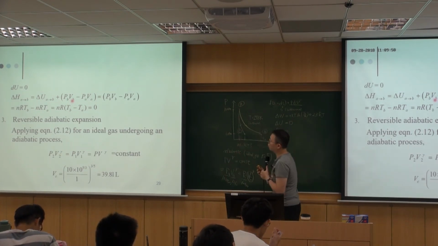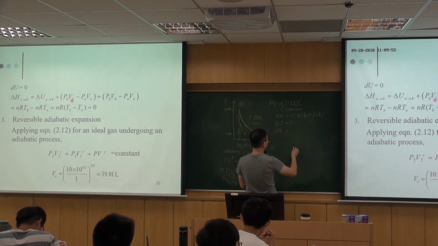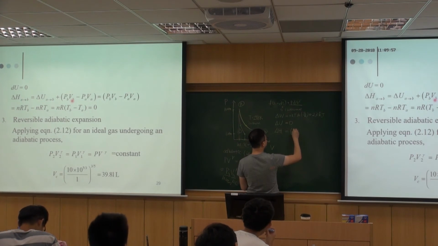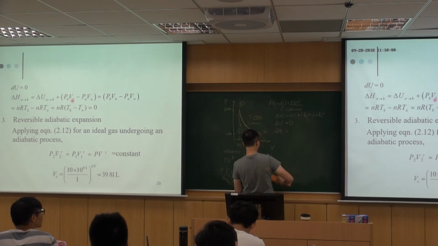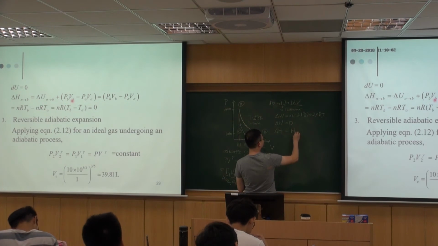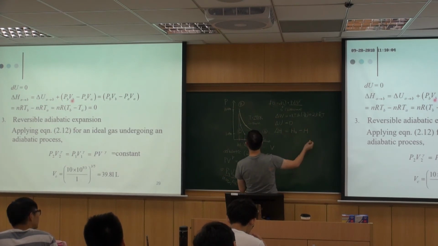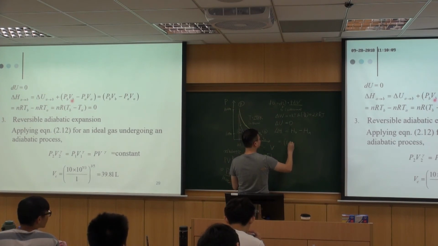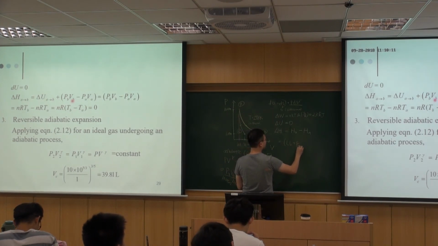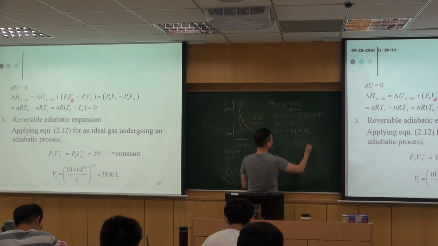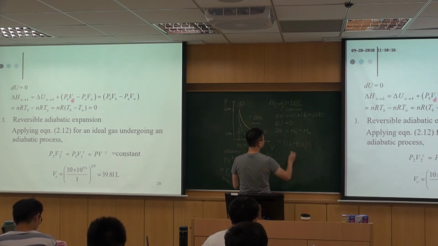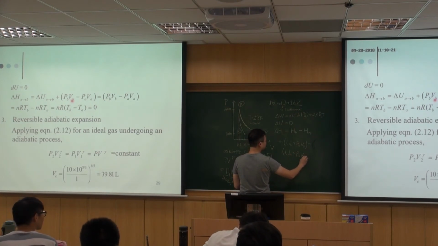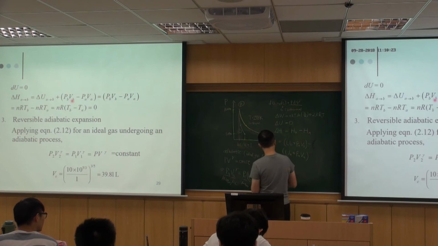But delta H is a little bit more complicated. We have to start from the definition. We know that HB, HA, we know that it is something like this.